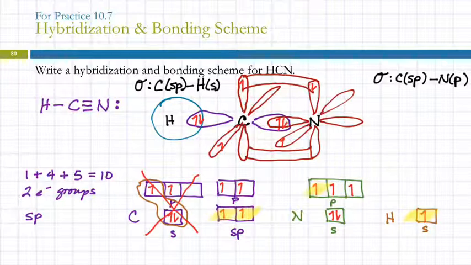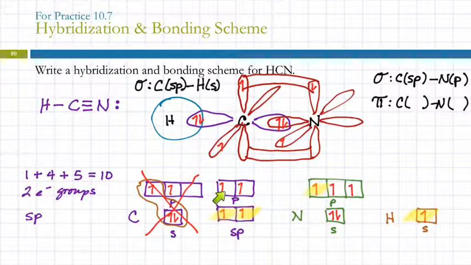So how do I describe that bond? It's not a sigma, it's a pi, right? Pi bond. It's between carbon and nitrogen. What orbital is carbon using? P orbital, right? I used up both of the sp orbitals. What I've got left are p orbitals.